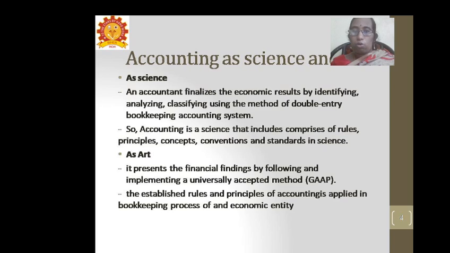So accounting is both an art and a science. As a science, it measures the economic results, identifying and classifying the various types of accounts so that the method of the double entry system is recorded, so as to keep up the bookkeeping system. Accounting is treated as a science because it is given as a set of rules, as we state about the generally accepted accounting principles, GAAP, and various concepts and conventions prepared as principles to be followed.